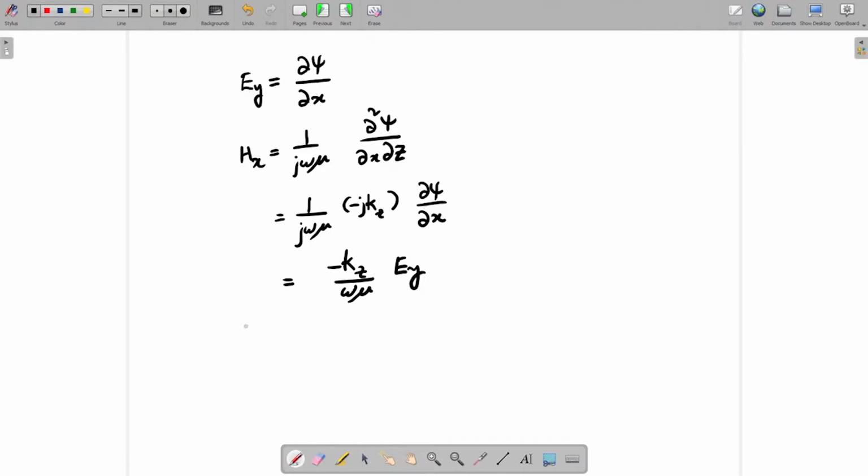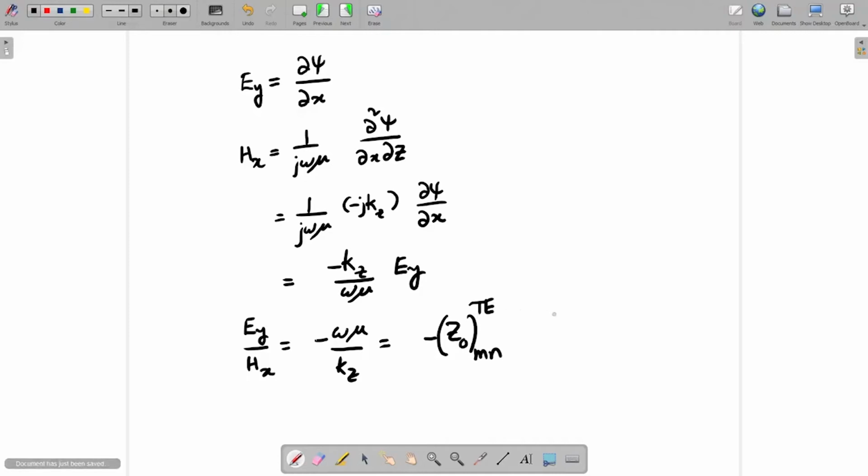Because del psi del x is E y. So, therefore, E y by H x becomes minus omega mu by k z, and that is equal to minus Z 0 mn TE.